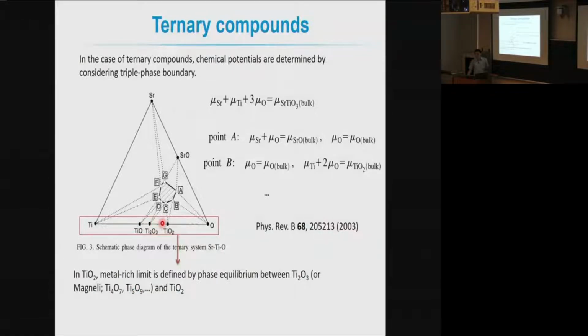So the metal-rich condition in this case should be considered instead of the titanium metal. You have to consider Ti2O3 or the Magnéli phases. All right. So defining this chemical potential is quite important, or you have to consider these stable phases along the phase diagram. All right.